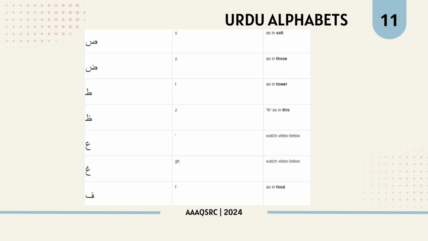Now we have a very interesting alphabet. It has very minimal use in Urdu. You hardly find it anywhere. This alphabet is ya, but you can mostly hear this sound in the Chinese language. A few in the Persian language also, but mostly in Chinese.